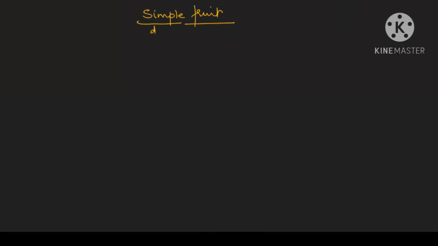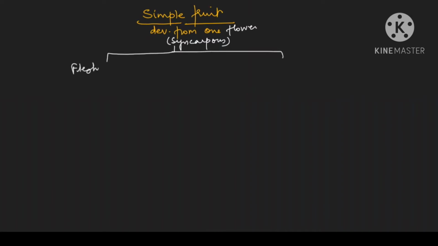The fruit developed from one flower with syncarpous condition, where many carpels are there, is of two types: fleshy fruit and dry fruit. On this side I am writing the simple fleshy fruit, and here the dry fruits.